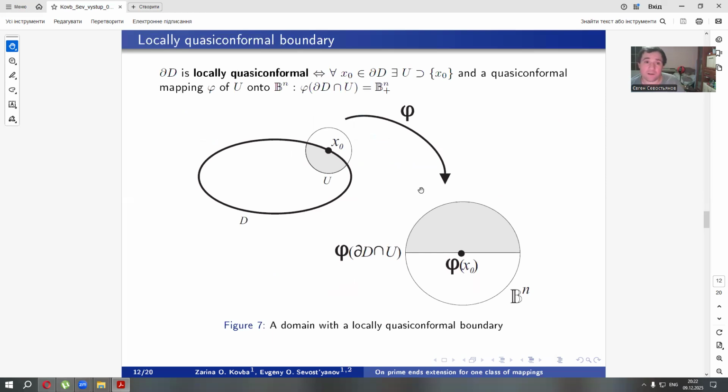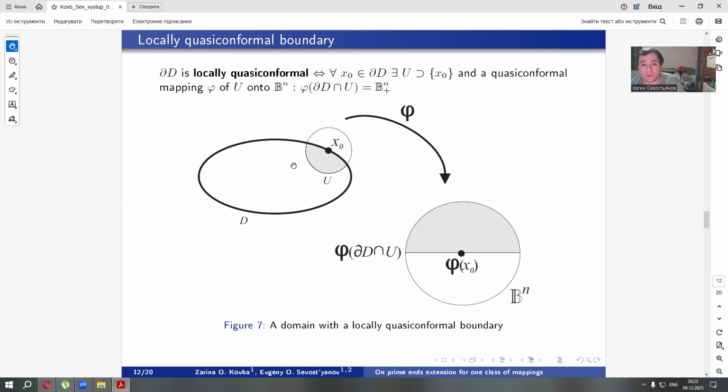Let us consider the following definition. The boundary of a domain D, as in the picture, is locally quasi-conformal if and only if for any point x0 of the boundary of D, there is a neighborhood U of this point and a quasi-conformal mapping phi of this neighborhood, as in the picture.